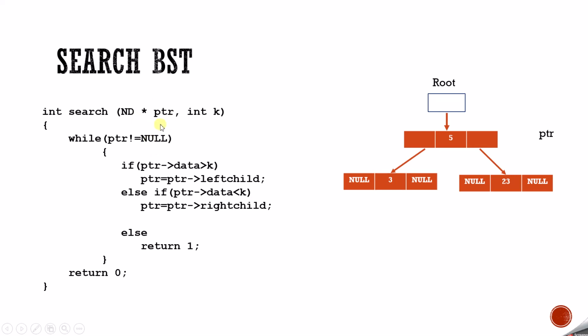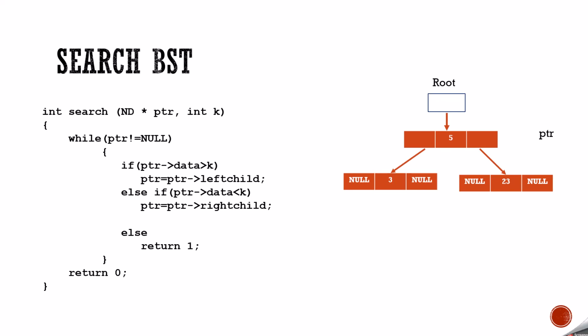So I am sending the address of the root node of the tree, and then I am passing the number or element that I'd like to search in that particular tree.